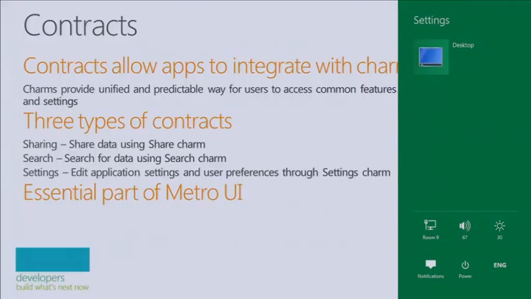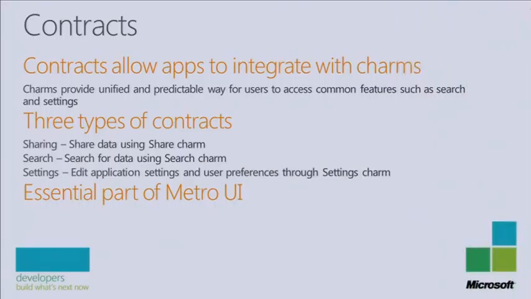For example, if you want to build an about box into a Metro app, what you do is integrate with that settings charm, provide in JavaScript an HTML fragment, or in XAML, a little XAML page, defining the look and the content of that about page, and then by implementing a simple event handler, you have an about command show up in the settings pane. So contracts are important, and that's why I wanted to give you a quick look at what they are, how you write them, and show you how they're used in some of these sample apps that I'm showing you. So let's get that down there.